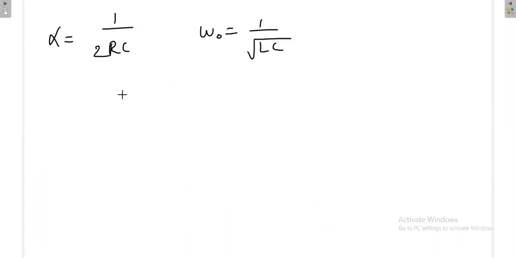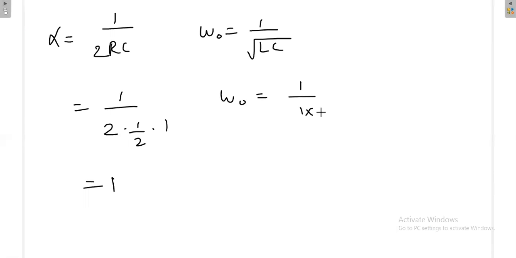So 1/2R is 1/2, C is 1, so alpha is 1, and omega naught is 1 into 1, so omega naught is equal to 1. So alpha is equal to omega naught. That means when alpha is equal to omega naught, the damping is called critical damping.